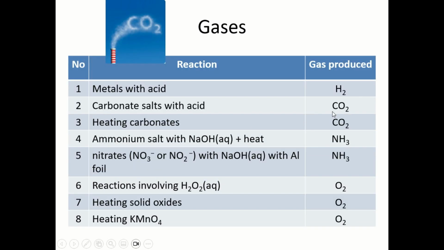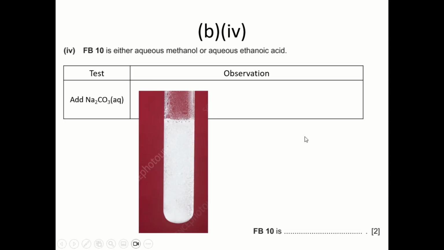But the second one would be also a reaction with acid, which is by using carbonate salt with acid. Carbon dioxide will be produced because carbonates will react with acid to form carbon dioxide. So I have another example from past paper. This is FB10.